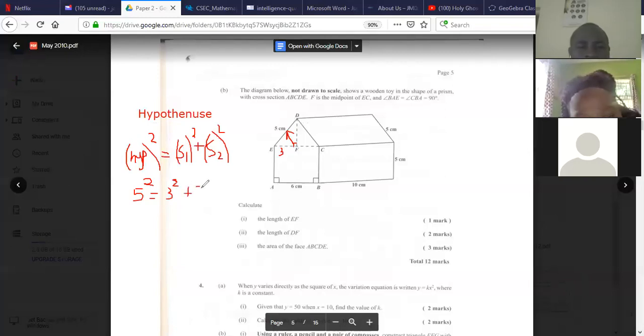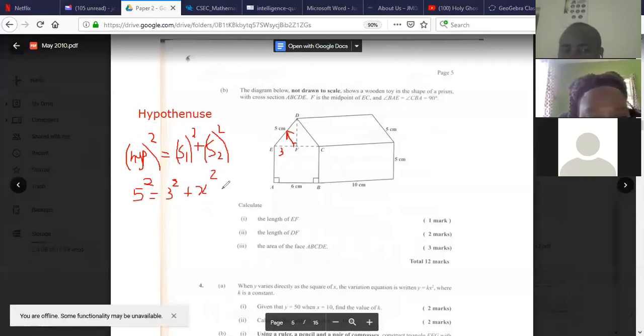What are we trying to find here, x or x squared?